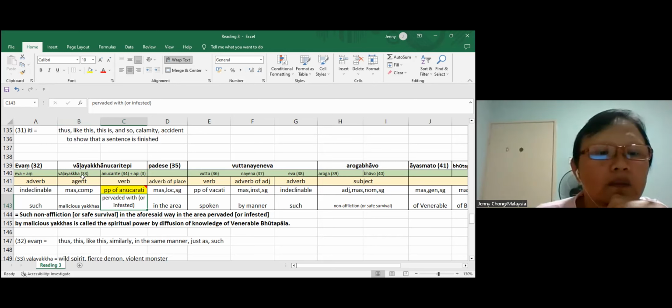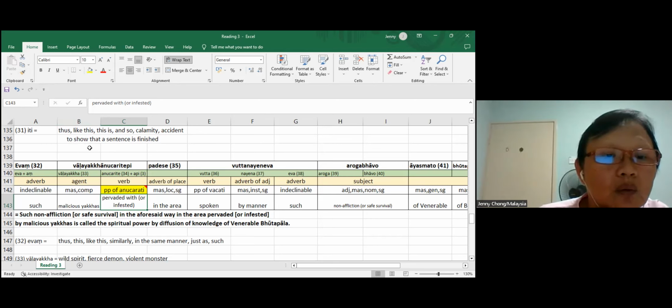Okay, this word actually is a compound word. Walayaka nucharitepi is made up of walayaka and anucharite plus api. Walayaka here I put as an agent because it was translated as by malicious yaka.